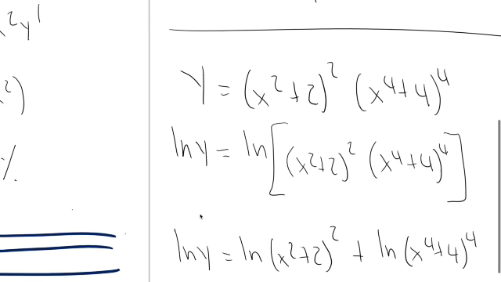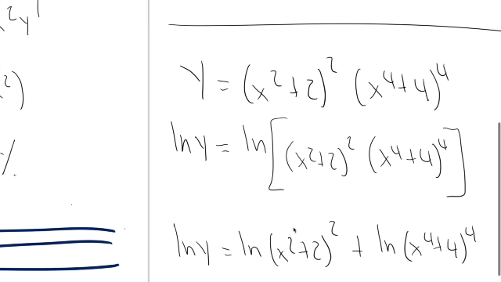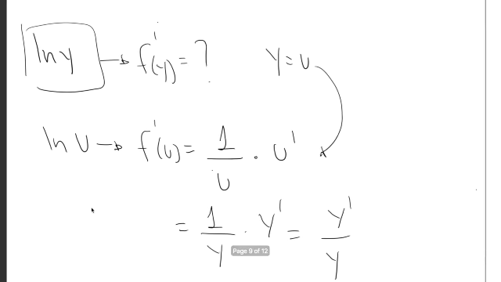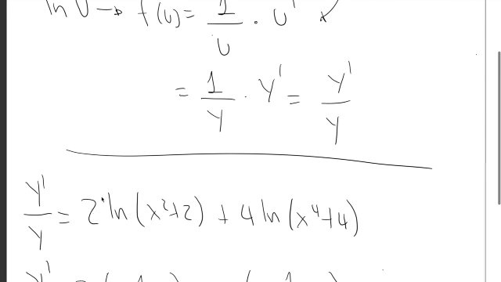In this case, we have natural logarithm of a function to the power of something, so this 2 is going to come down to multiply the natural logarithm of the inside. And that is exactly what I have on the next page.